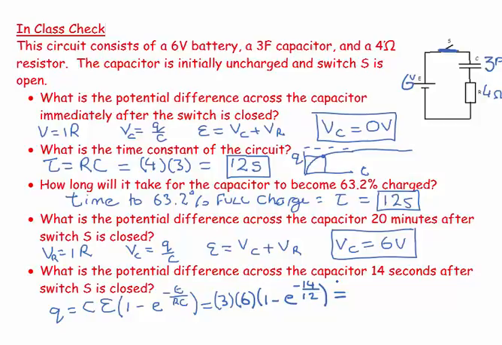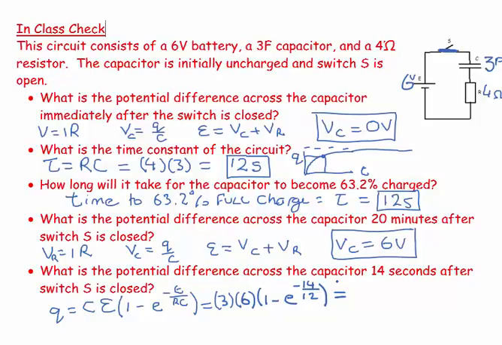And with these things, I'm going to do the exponent first. So it's e to the minus 4 divided by 12. That gives me a fractional number.